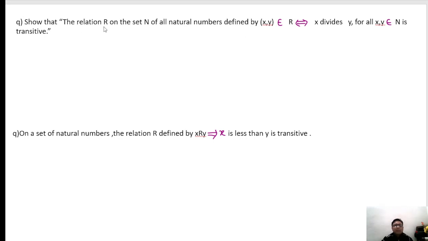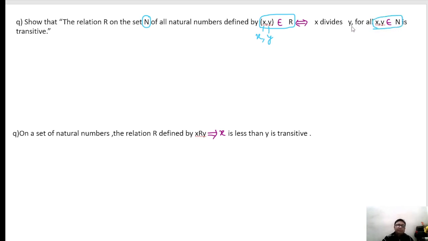So let us see first. Show that the relation R on the set N... so where do we have to choose from? From the natural number set. Here we will take the coordinates from the set R, and these values x and y we will be taking from the natural set.